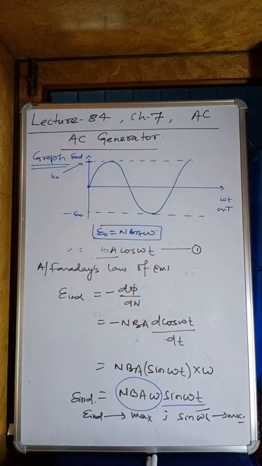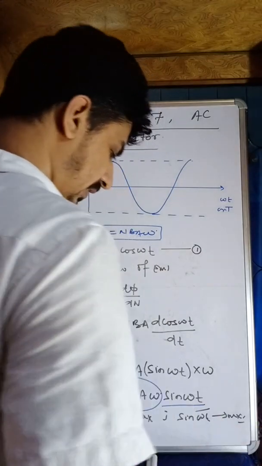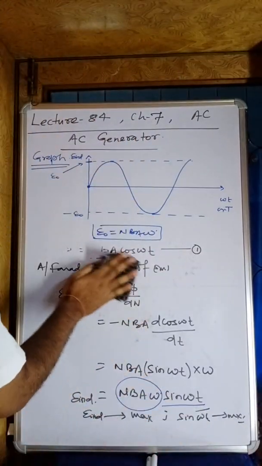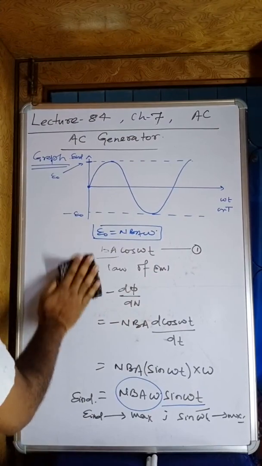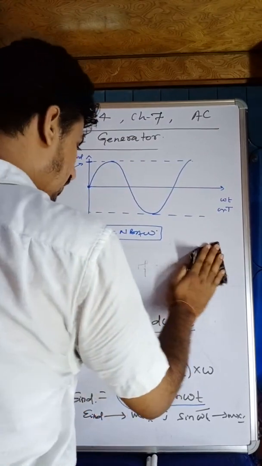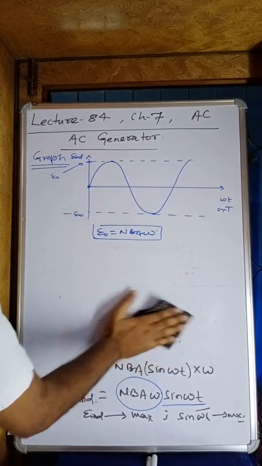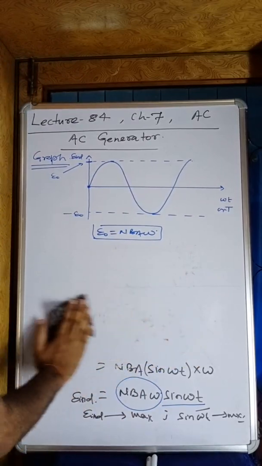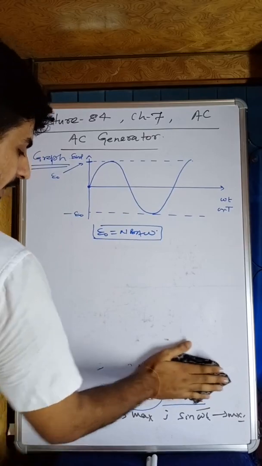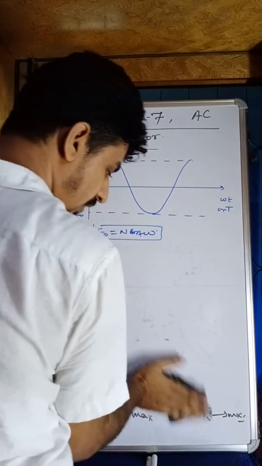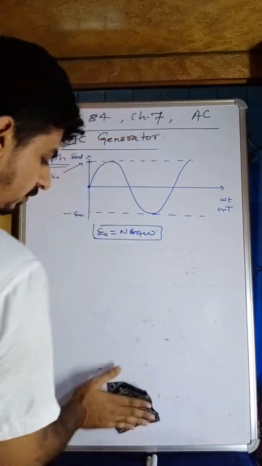Okay. Now we'll try to find out the time in which it reached its maximum value, and what should be the orientation of the coil, and in which time it reached the minimum value, and what should be the orientation of the coil. Alright. So look here carefully.